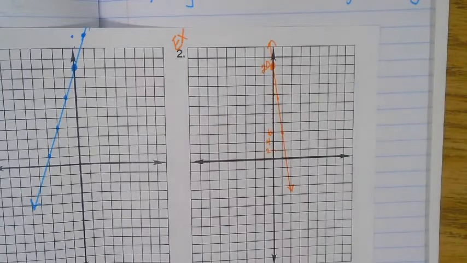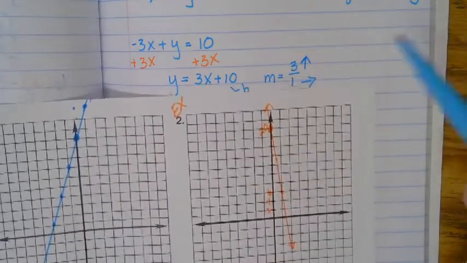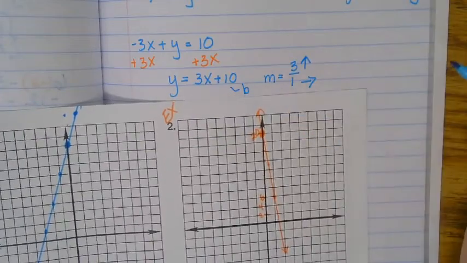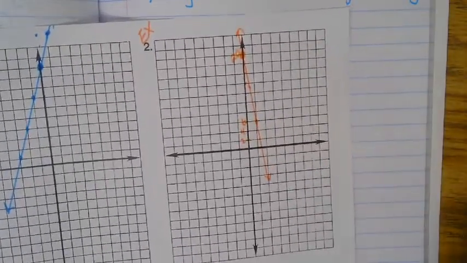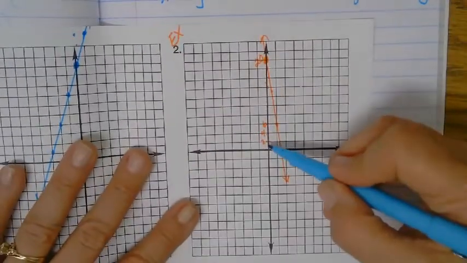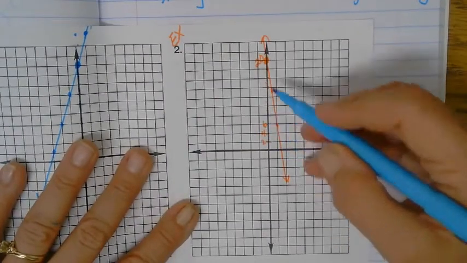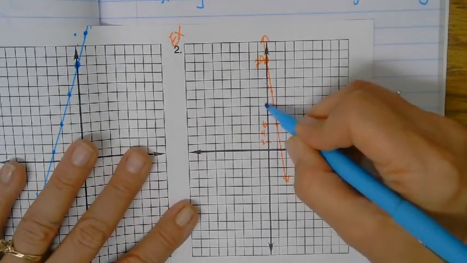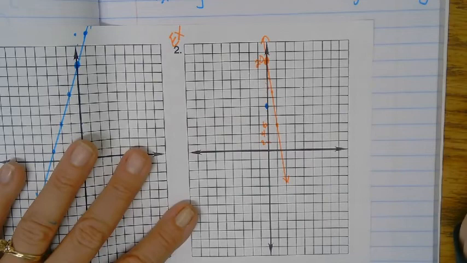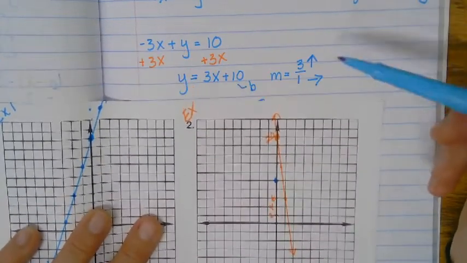Now let's go back and graph the first one over here. So y equals 3x plus 10. Remember, we were counting by 2s. 2, 4, 6, 8, 10. Right here. And then what's our slope?